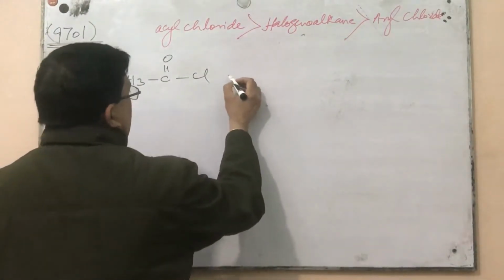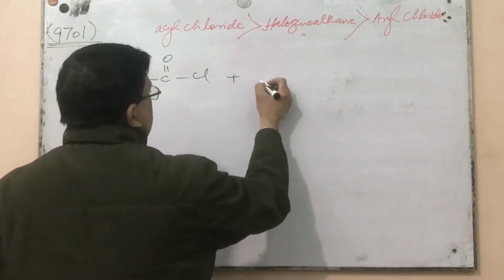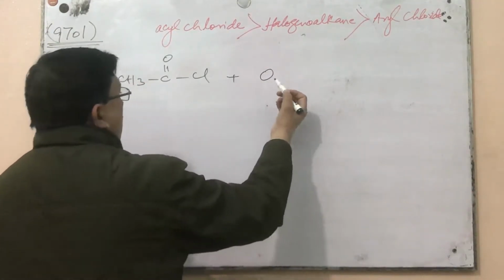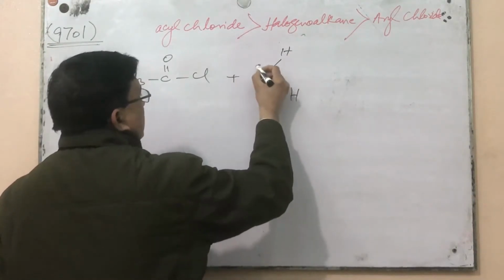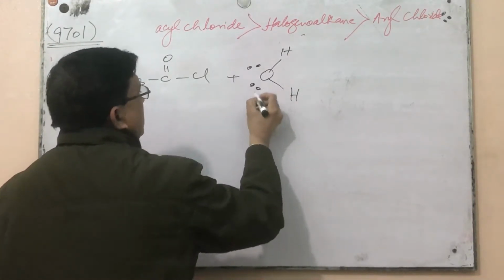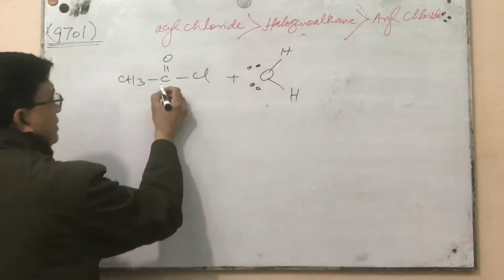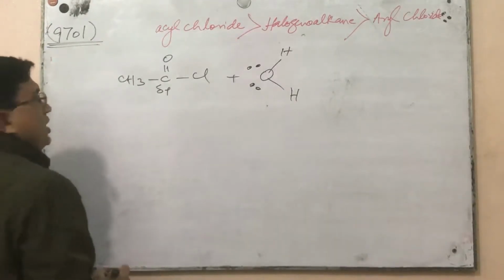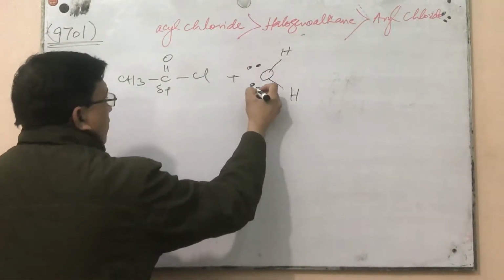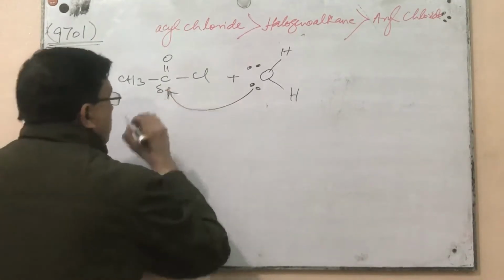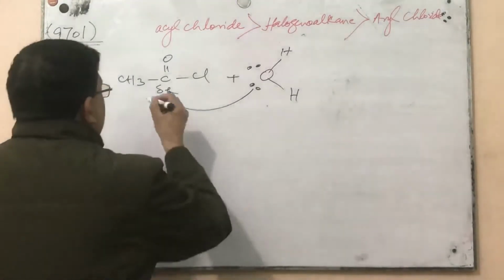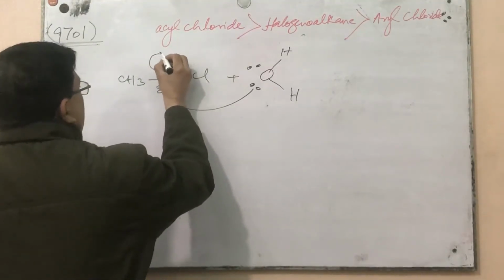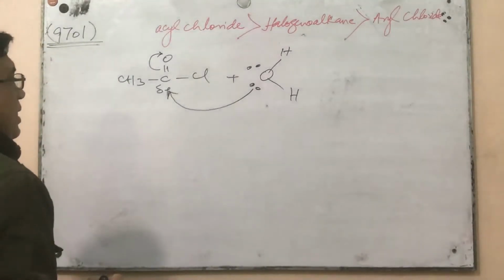it reacts with water. How does water react? This is the reaction mechanism. As oxygen contains two lone pairs, and this carbon is partially positively charged, one of the lone pairs of oxygen will be shifted to the carbonyl carbon, and the pi electrons will shift to the oxygen atom.